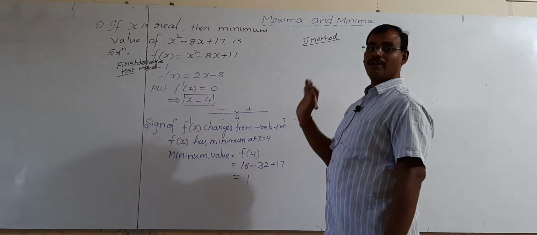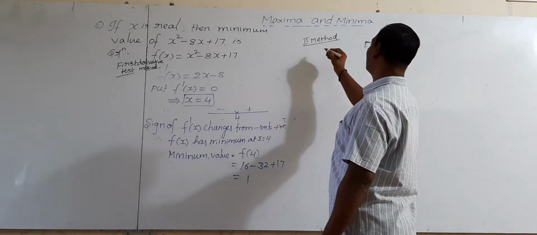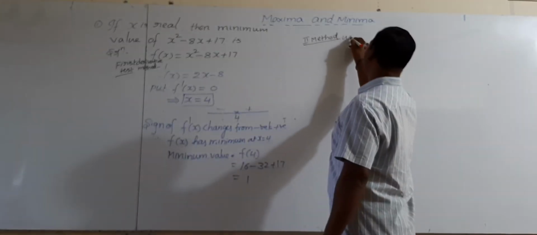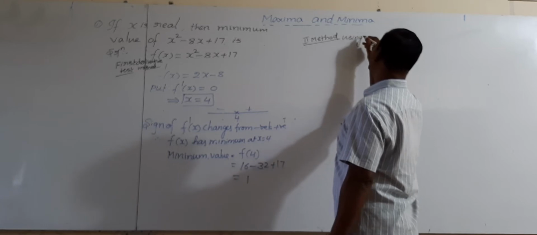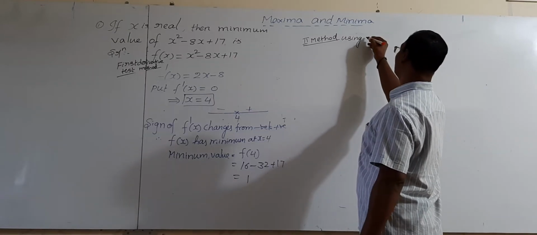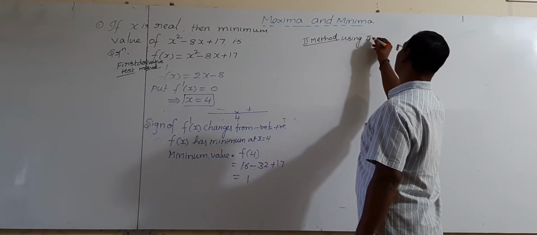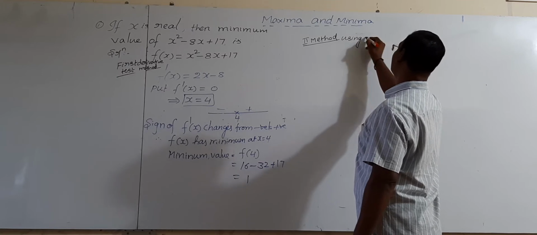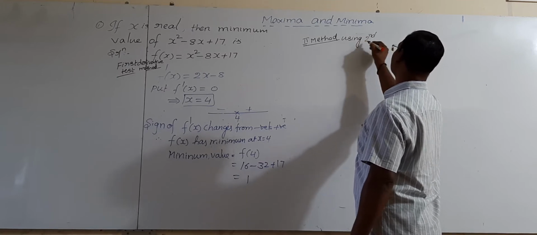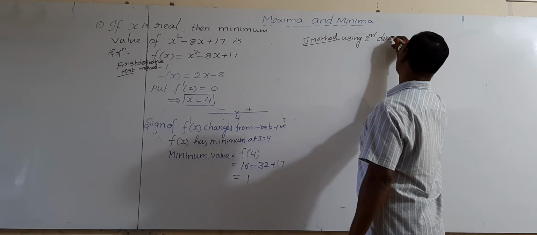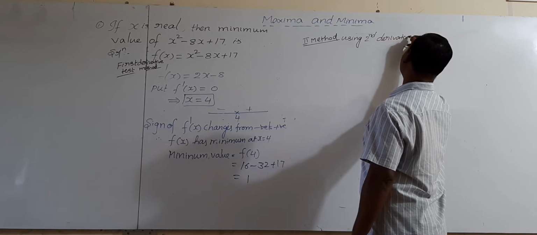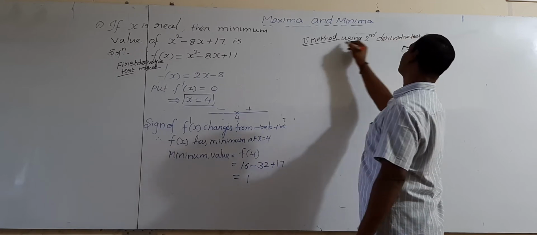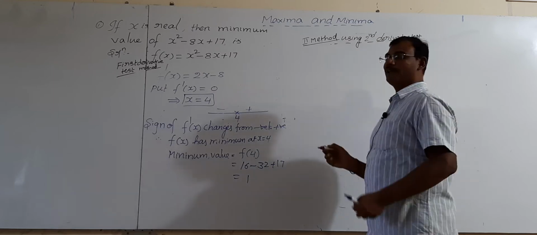We need to find the value only, from an entrance exam point of view. For the sake of understanding, I have to give many methods. You should learn and remember the second derivative test. So how to find out?